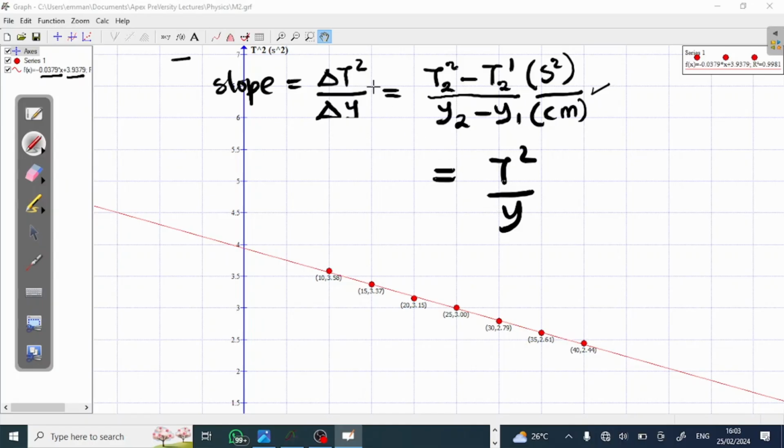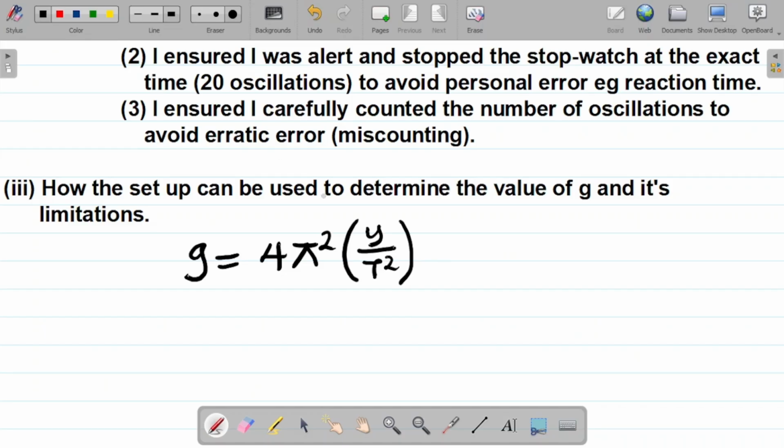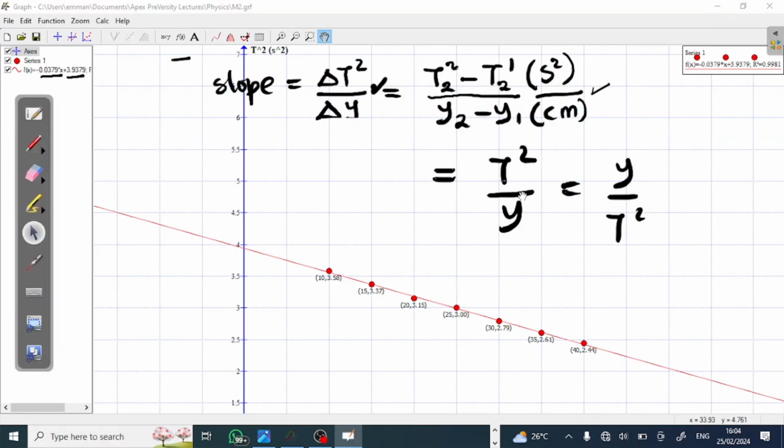So you can see here it's t squared over y instead of y over t squared. Now we are being asked, how can we use this to get our slope or the value of g? How do we get this? We know that the slope is t squared over y, but we need y over t squared. So the question is this: if I have t squared over y, as in this case here, how do I get this value?